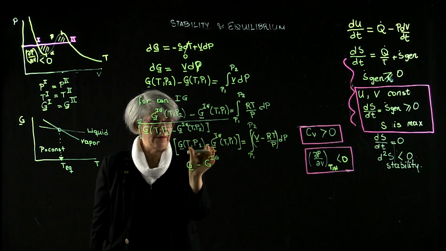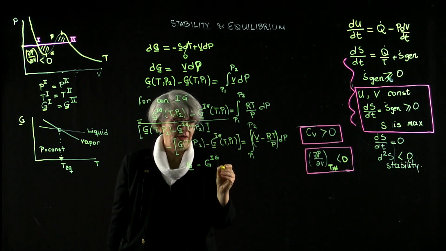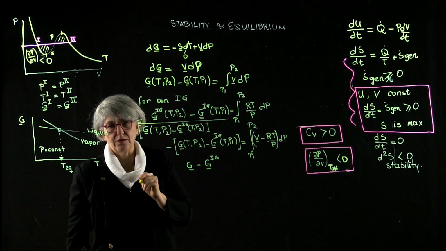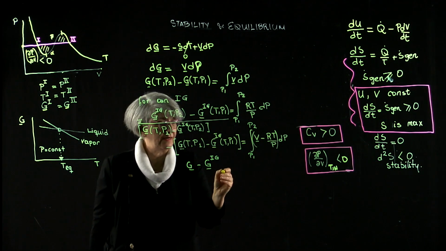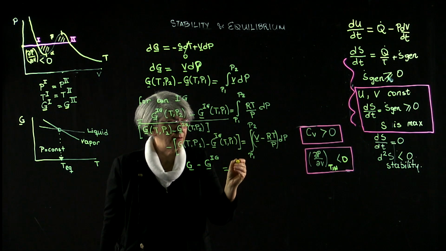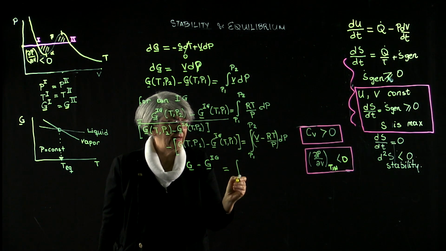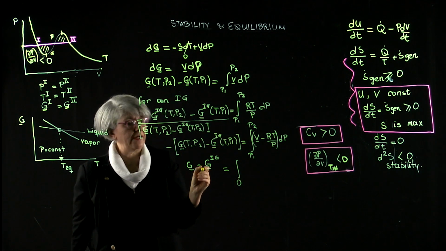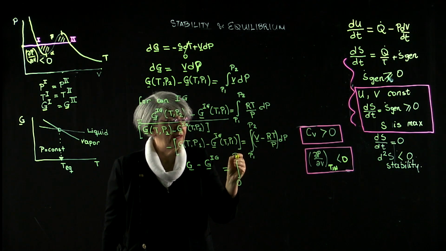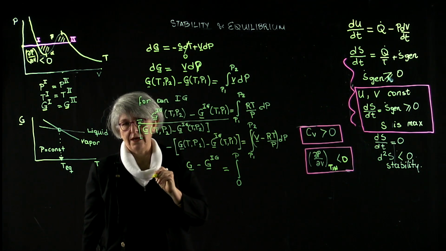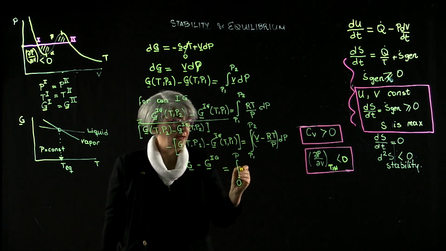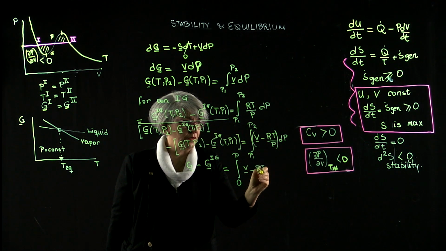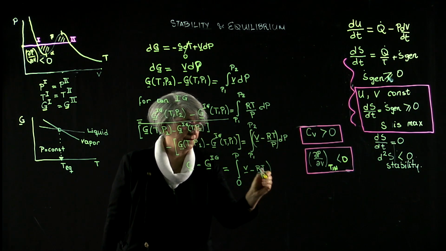If I'm going to limit this to the difference of the Gibbs free energies of a real fluid from that of its ideal gas counterpart, my expression will look like an integral from 0, where the fluids behave like an ideal gas, to P, now an arbitrary pressure, V minus RT over P dP.